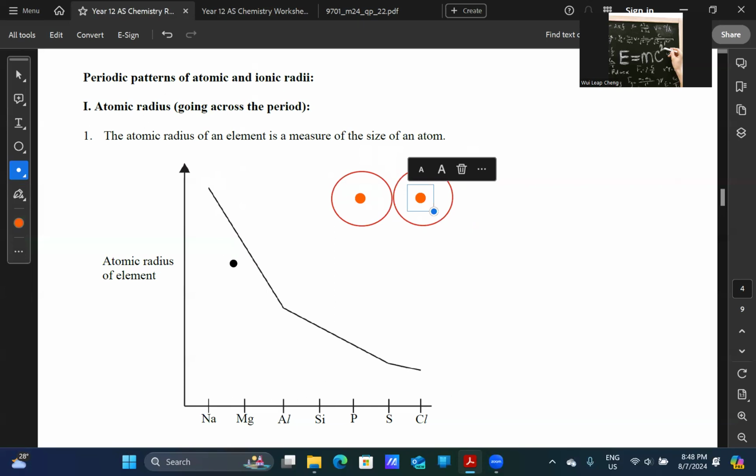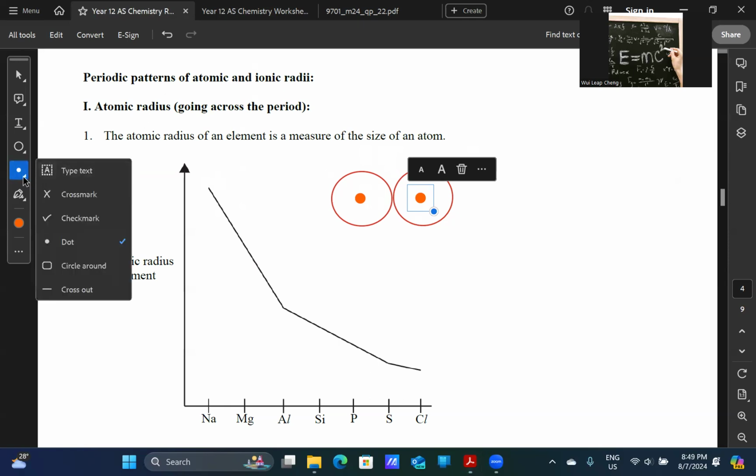Okay, the red dot is the nucleus. So the distance between the nucleus and the outermost shell is the radius.